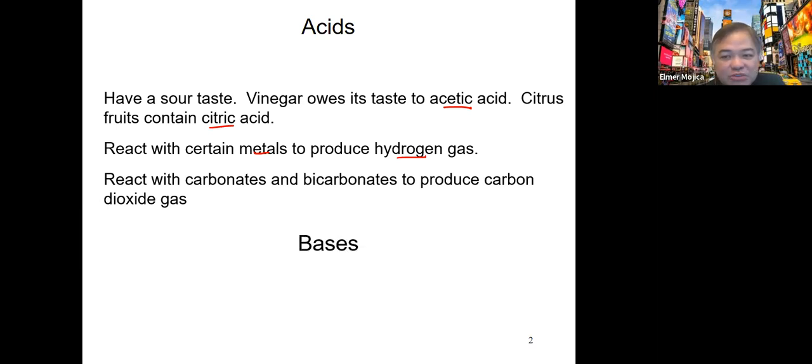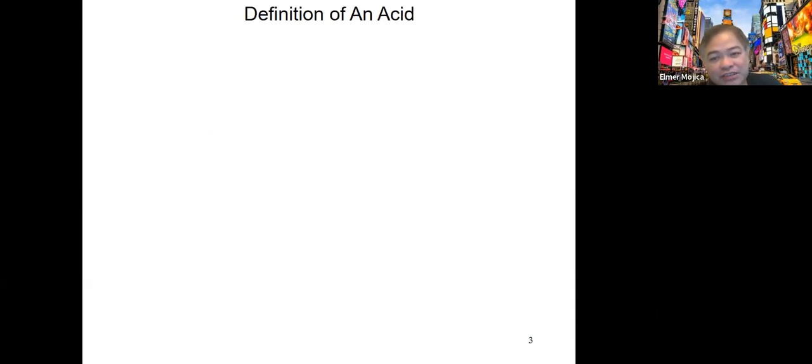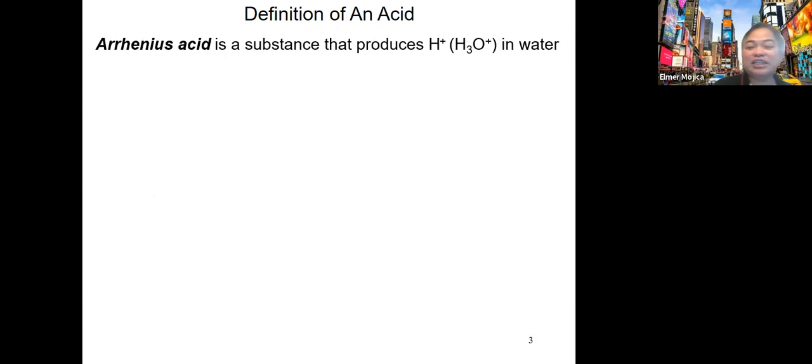Okay. Now bases, on the other hand, have a bitter taste and a slippery feeling and are usually used as cleaning material. So the definition of acid and base, before we concentrate on Bronsted-Lowry, dun muna kay Arrhenius. Svante Arrhenius, as part of his dissertation, defined the concept of acid and base.